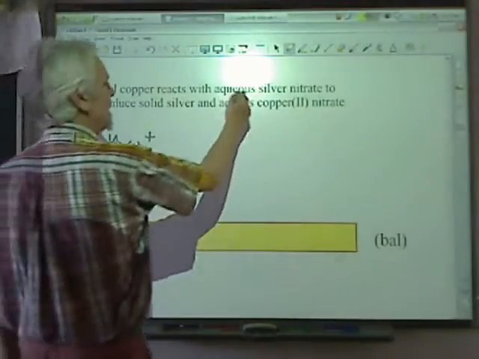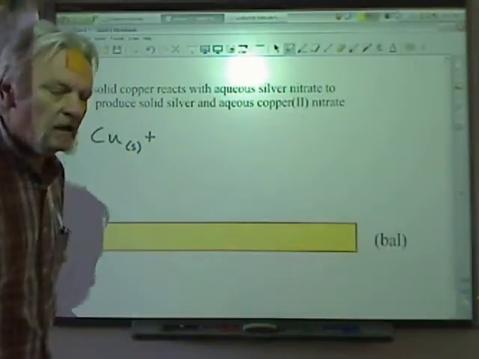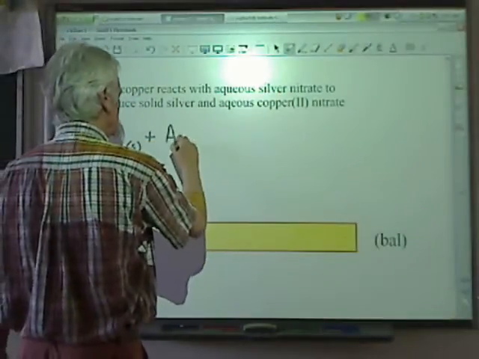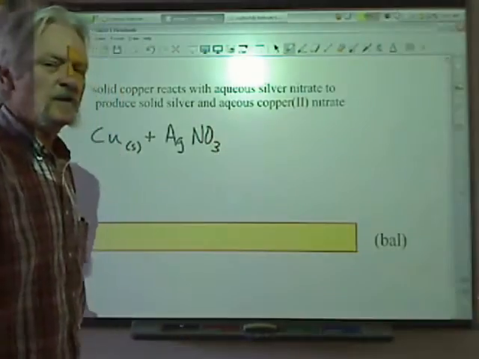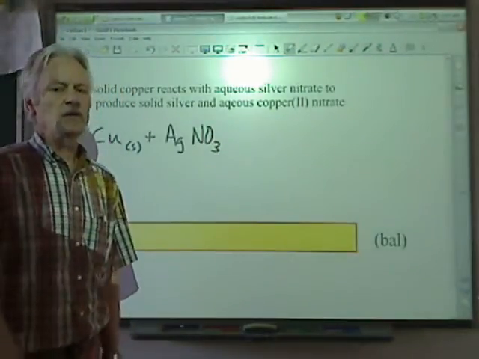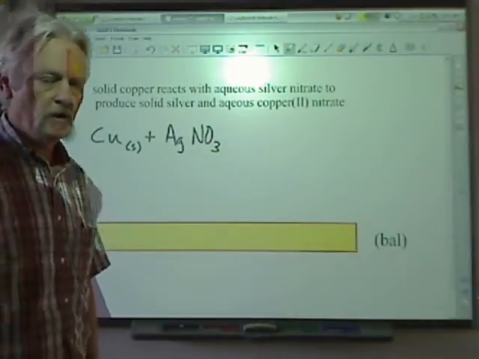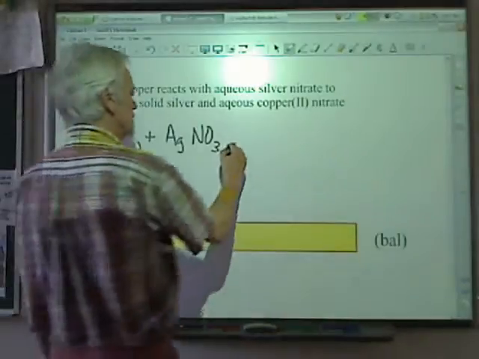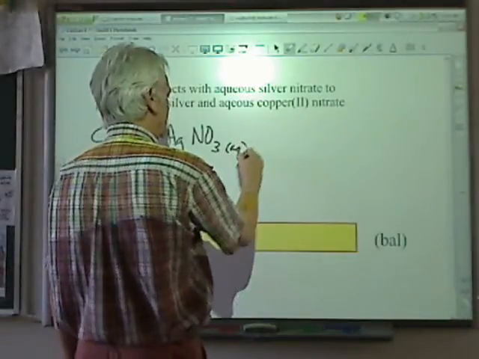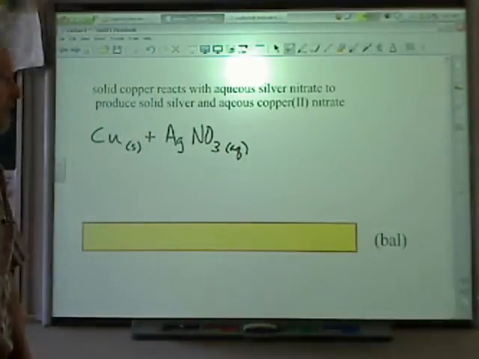Going to react with aqueous silver nitrate. Silver, symbol Ag, nitrate NO3. Silver is one of those transition metals that always takes on a characteristic charge. That charge is +1, and hence +1, -1. AgNO3 is silver nitrate, and we put a little aq there to indicate that it's an aqueous solution.